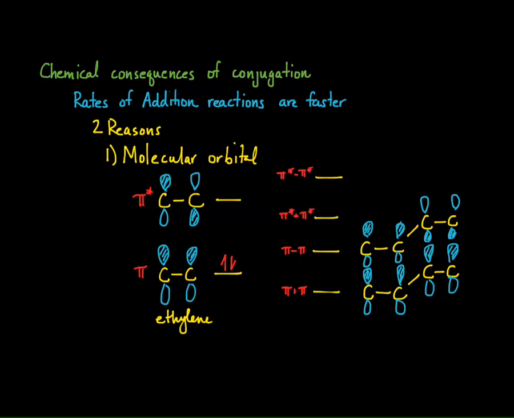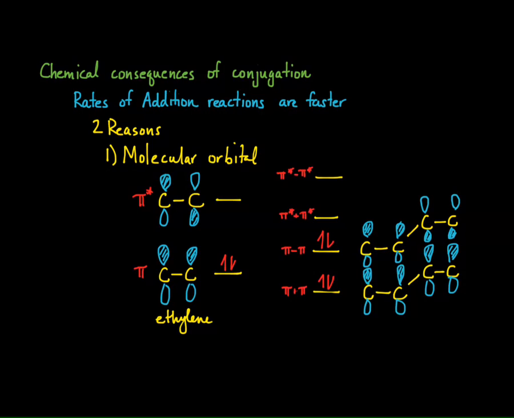We have 4 electrons in the system, and we add those 4 electrons to the lowest orbitals, so all 4 go into bonding orbitals, 2 of them into the completely conjugated orbital, and 2 of them into the pi minus pi, which we sometimes refer to as psi2. So psi1 and psi2 orbitals.